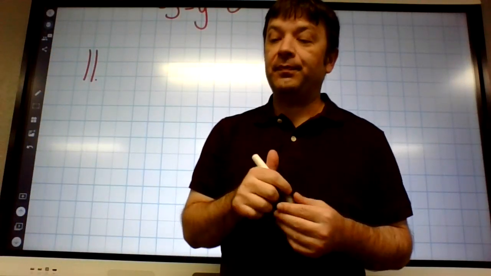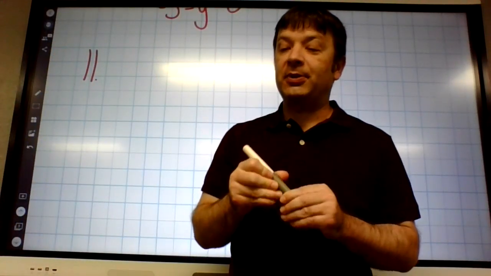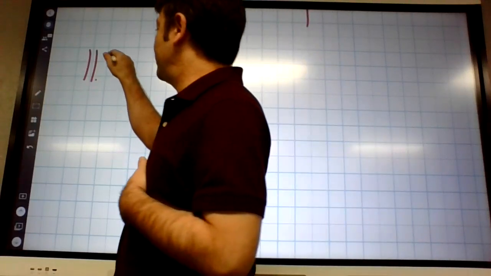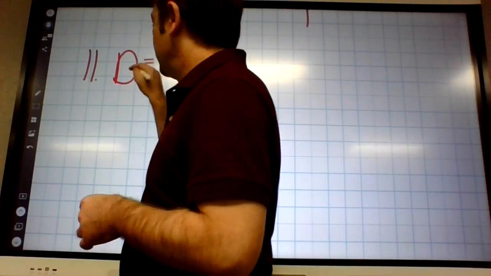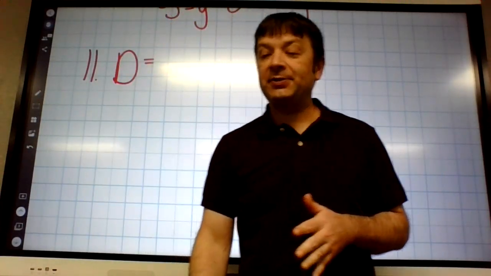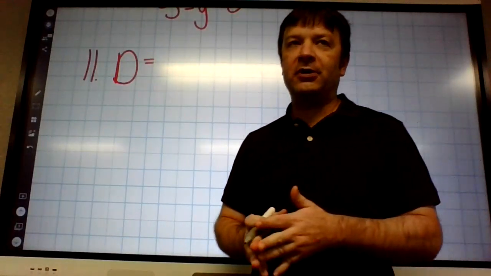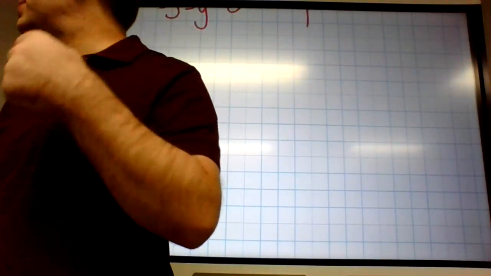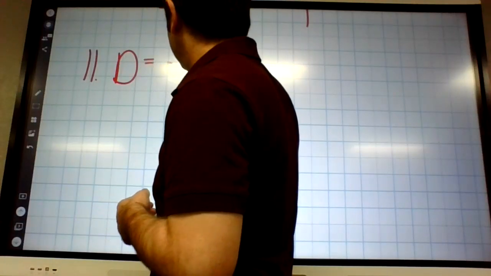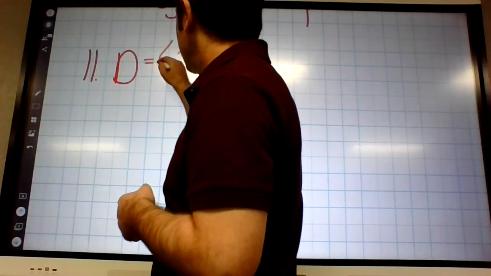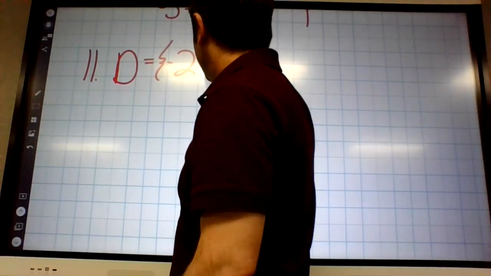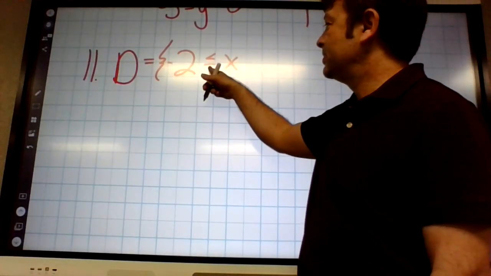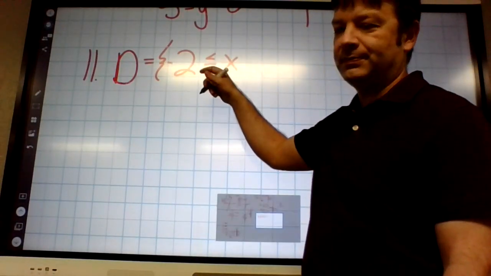Okay. No, we did not. This is number 11. So we're starting with the domain, and that means x values, so we've got to think left and right. How far left does the graph go on number 11? That very bottom point is at -2. Okay, and at -2 the circle is filled in, so that would be equal to -2.